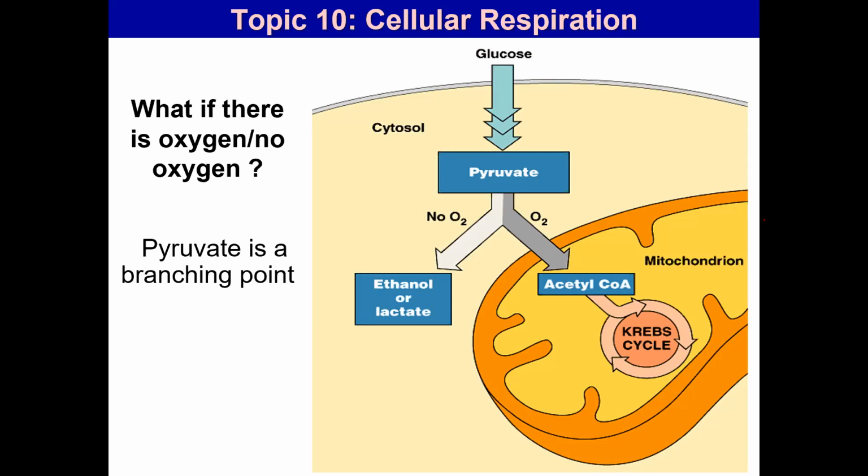It shuts down all those pathways. Even though oxygen is one of the last steps, it is still required for pyruvate oxidation, and all that stuff shuts down due to some regulatory activities. So remember, we can make different fermentation products, and the 2 that we talked about are ethanol and lactate, or lactic acid.